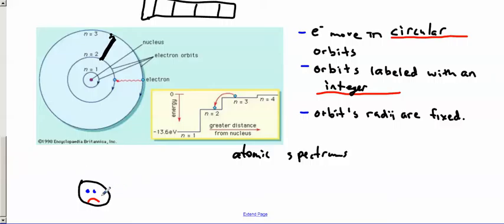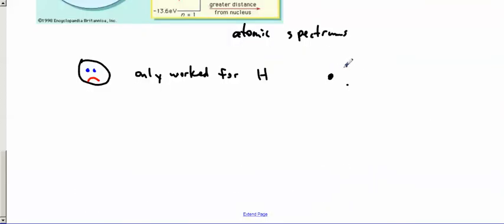But look, sad face, it only worked for H, or a two-body system, a nucleus and one electron. As soon as I threw another electron in there, let's not first. Let's pretend there's just one here.